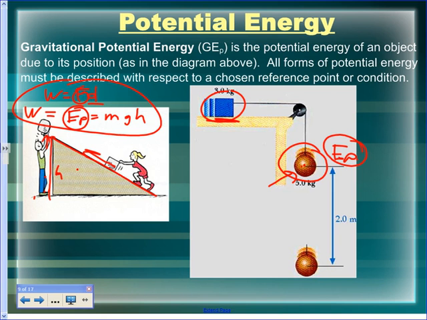This ball is going to do work on this box. So as a result, this ball's energy will not be the same here as it was here, because some of it will be used to do work on the box. The energy of the system will remain the same, because at the beginning the box has no energy.